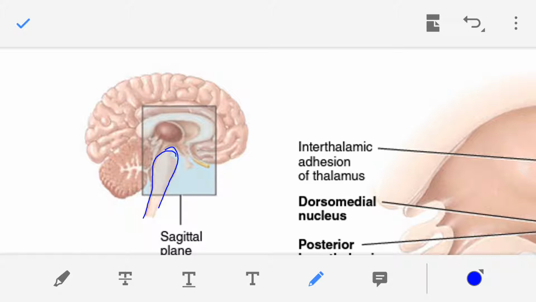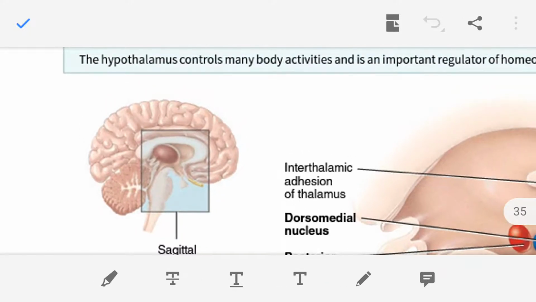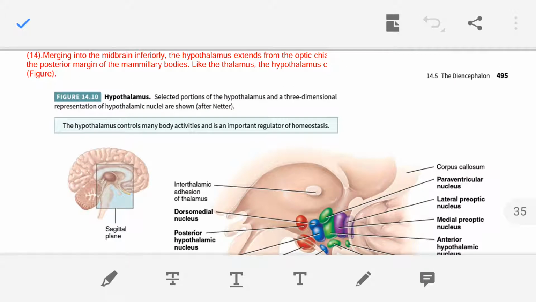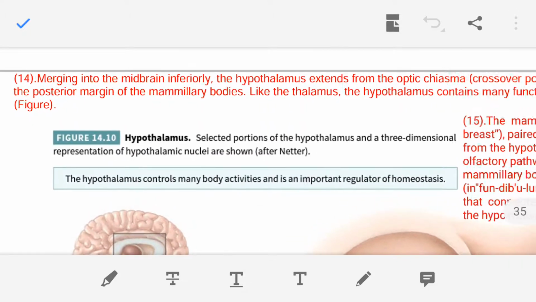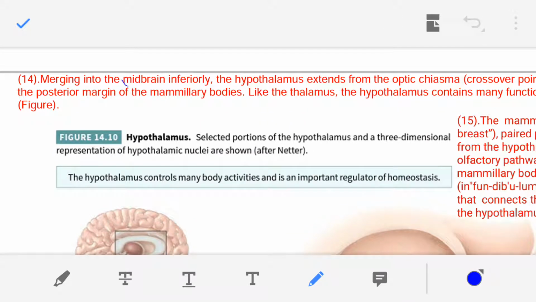One is the midbrain, second one is the pons, and the third one is the medulla oblongata. So the midbrain is included in the brainstem. This hypothalamus inferiorly merges with the midbrain.